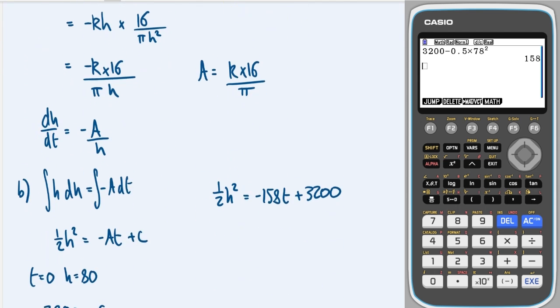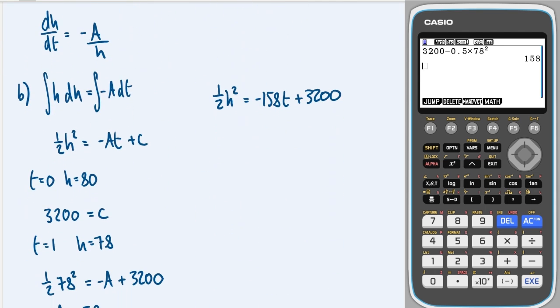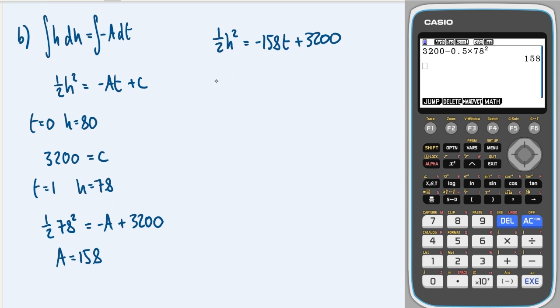So we need to find when h equals 0. So h equals 0 means we have 0 is equal to minus 158t plus 3,200. So we can solve for t just by doing 3,200 divided by 158, and we get 20.25.